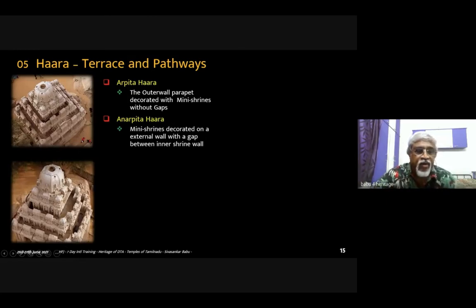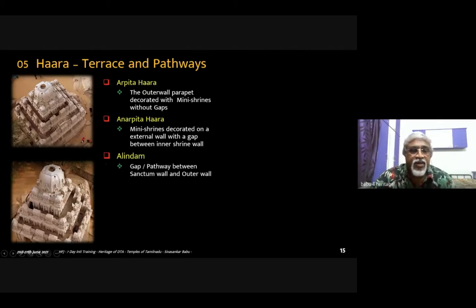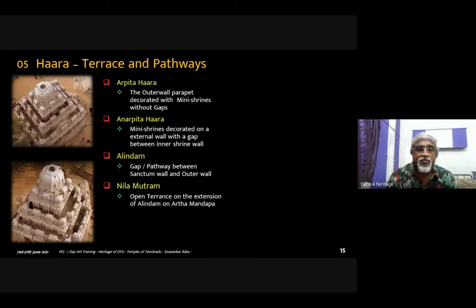So in this temple, you have two Anarpita Haras and one Arpita Hara. The pathway is called Alindam. This is the pathway between the sanctum wall and the outer wall. Here we have 2 rounds of Alindams. This is the circumambulatory path, an open path.